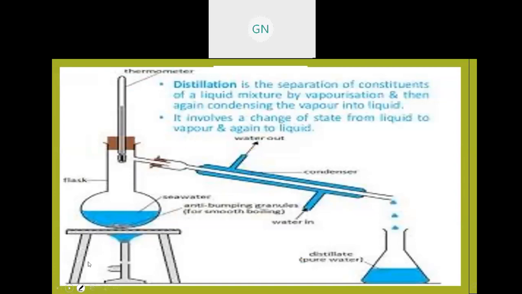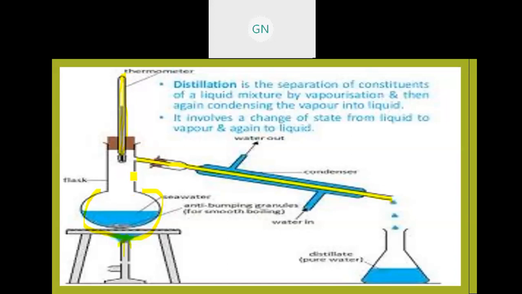This is the round bottom flask used for distillation, and we fix a thermometer here so that we can see the liquid temperature clearly, and this is a Liebig condenser.